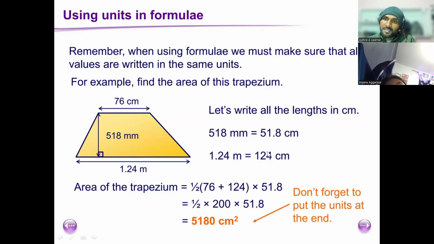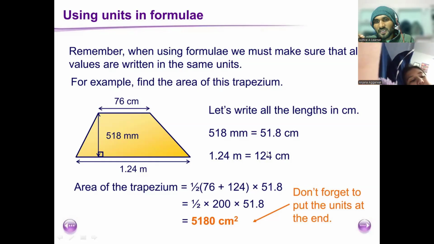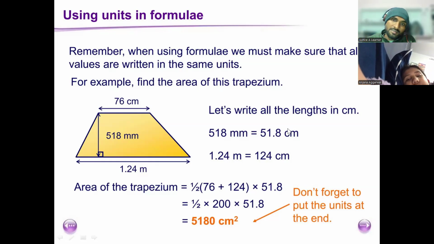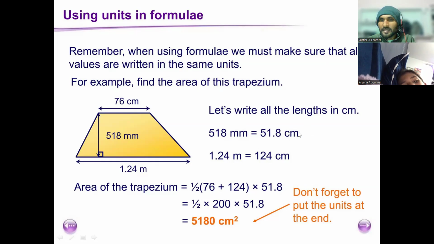So we have to get a unified unit, that is, the same unit. That's why we have written 518 is equal to 51.8 centimeter. It is divided by 10 because 1 centimeter is equal to 10 millimeters.